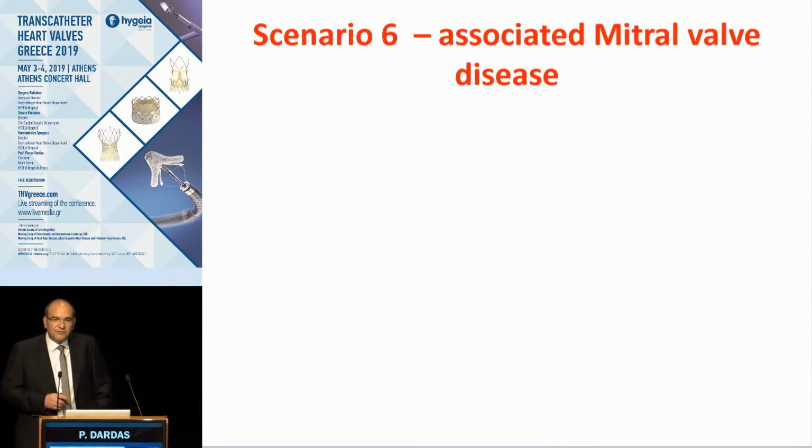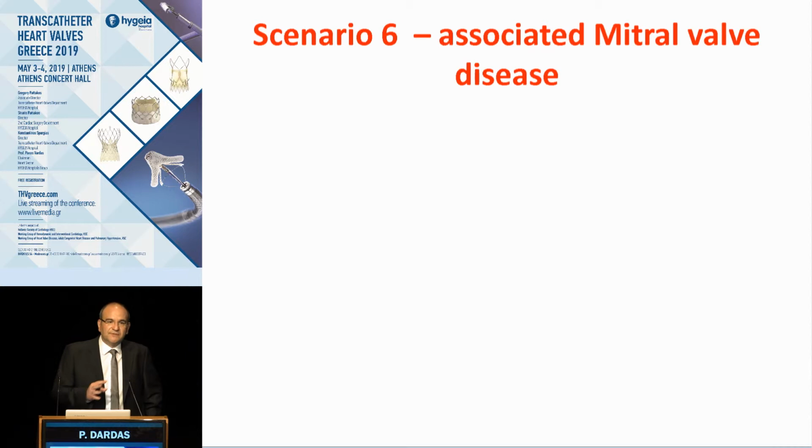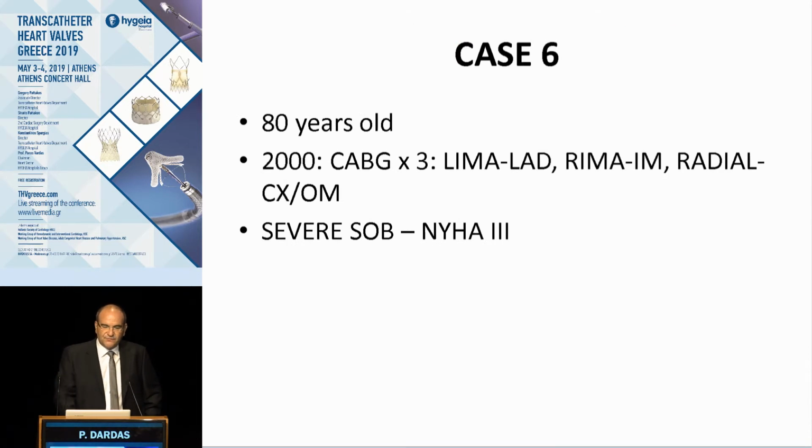And the last scenario is when the patient has got multivalvular disease. This is a potentially decompensated patient as well. So this is a case of an 80-year-old gentleman who had a bypass operation some years ago, and he presented with severe breathlessness.